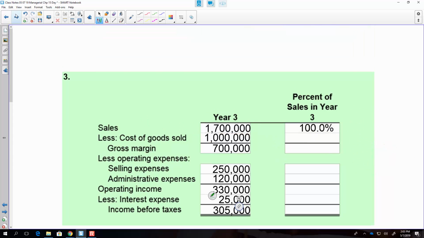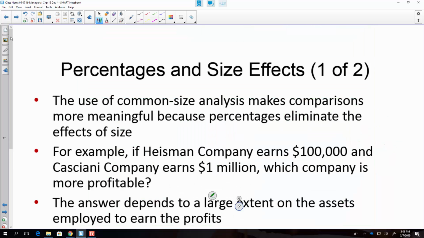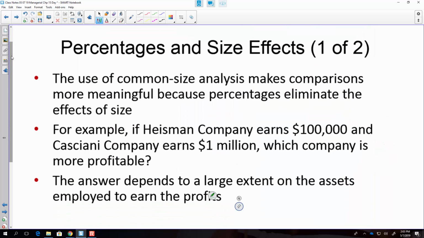All right. So on page 841, the beauty of percentages is that it eliminates the effects of size. So our results here, I don't know what kind of company this is, but let's say I'm a small little restaurant and those were my percentages.